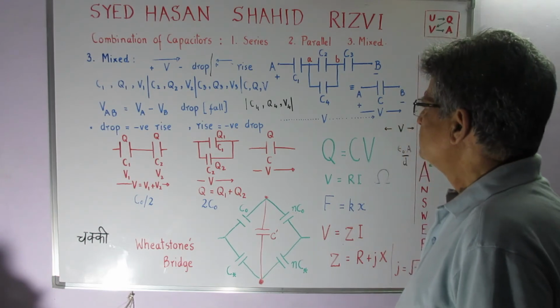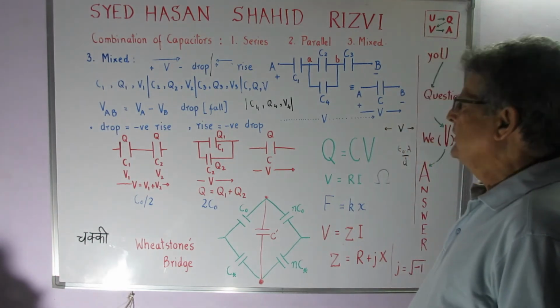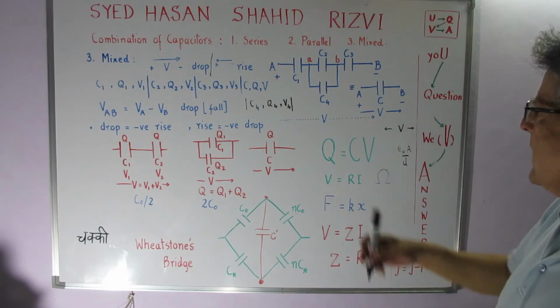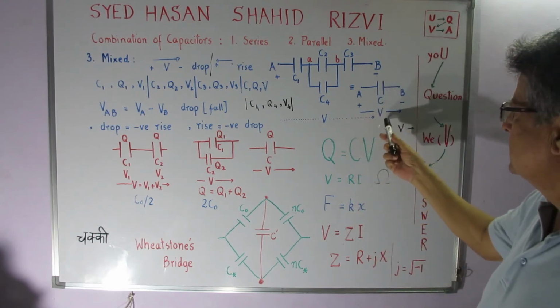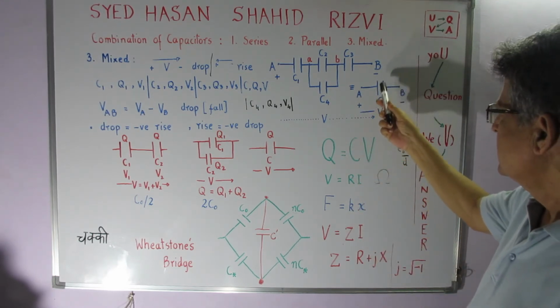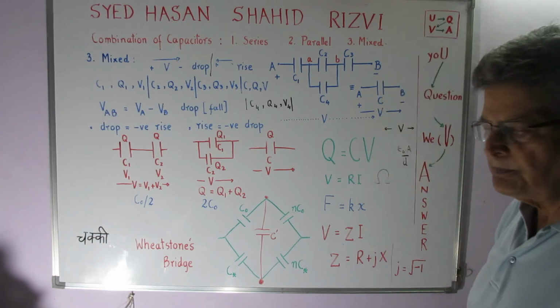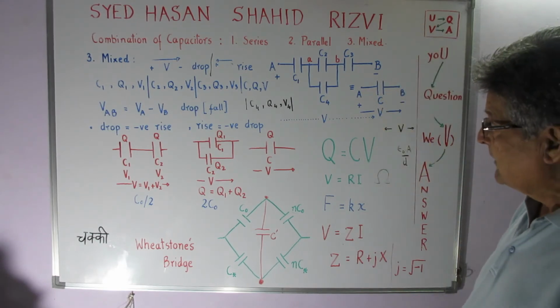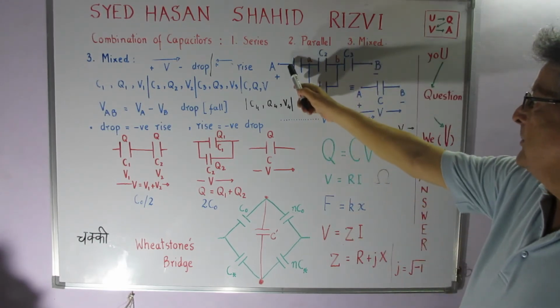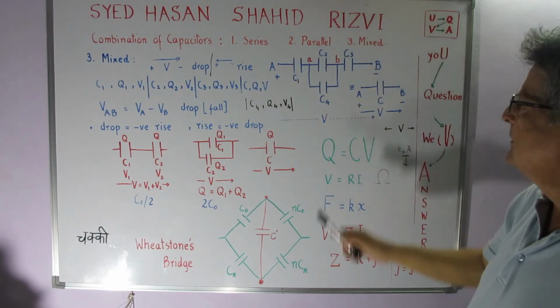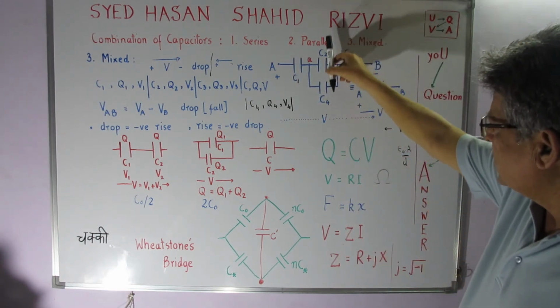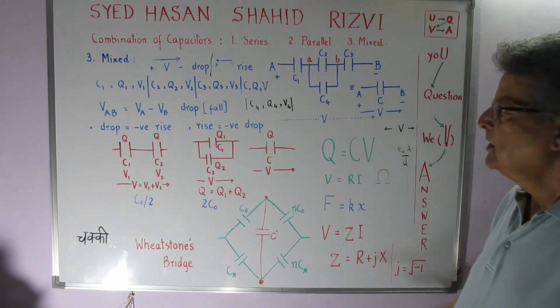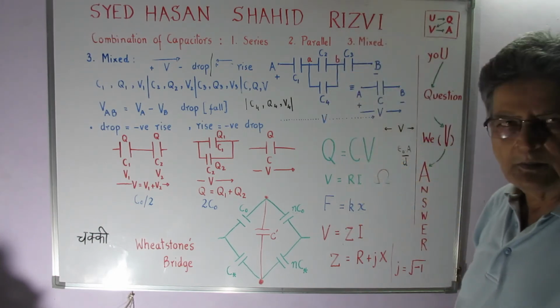Okay. Now what I can do is that once I am able to calculate V and C here, I can calculate the value of Q. The value of Q will be the same over here and here, but here it will be split. Q2 and Q4.